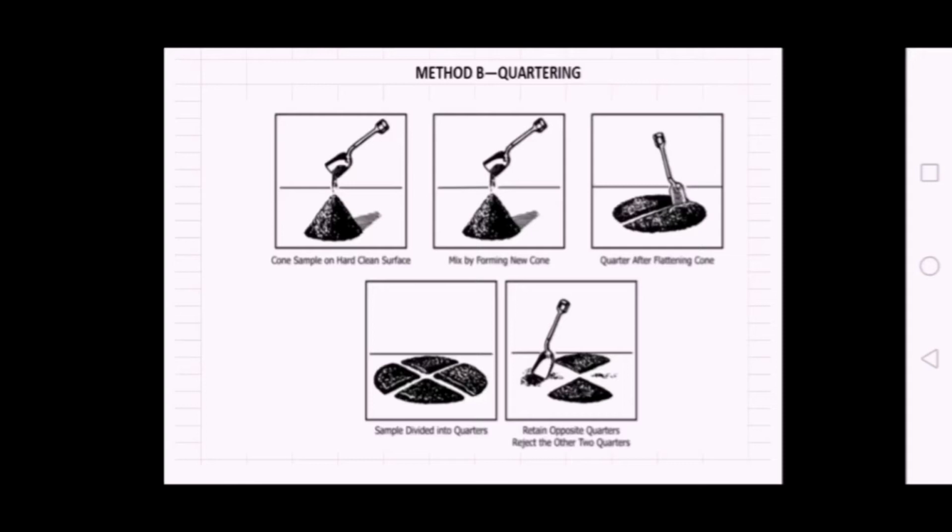The procedure is: place the original sample on a hard, clean, level surface where there will be neither loss of material nor accidental addition of foreign materials. Mix the material thoroughly by turning the entire sample over 3 times.